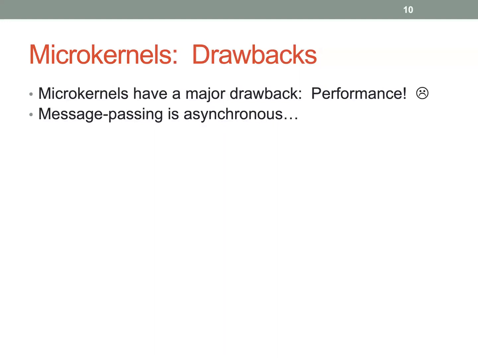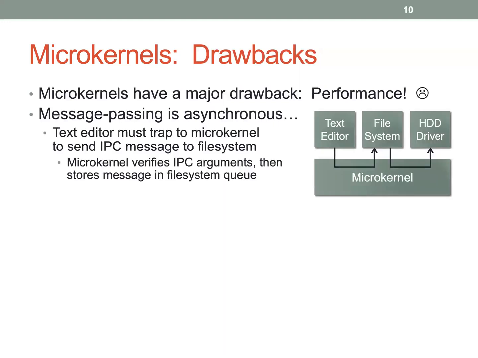Okay, first issue: message passing is an asynchronous mechanism, and a lot of times you'll notice these are synchronous call-and-respond type operations. So a text editor kind of can't do anything until the file system comes back.